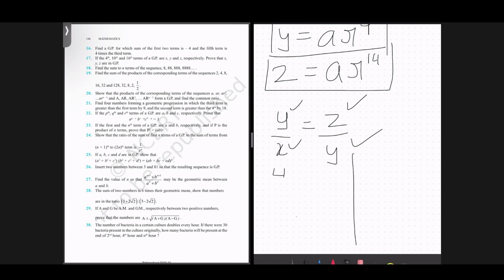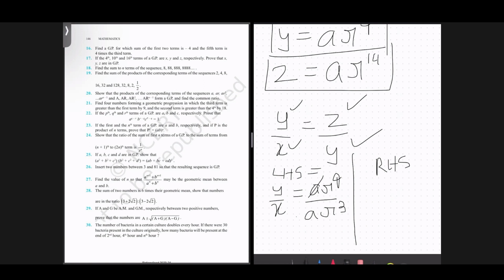So here I'm going to solve LHS, and here I'm going to solve RHS, right? So what is LHS? LHS is Y upon X. Y upon X is nothing but A R raised to the power 9 upon A R raised to the power 3, right?